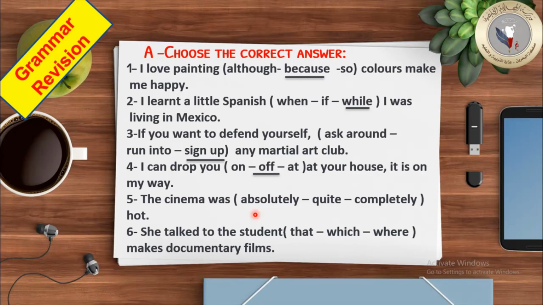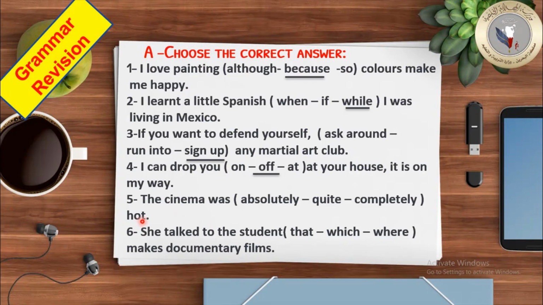So hot, which kind of adjective is it? Gradable or non-gradable? Of course, gradable. Well done. You know why? Because such type of adjectives have comparative degree and they have superlative degree. I can say hot, hotter than, and the hottest. I have degrees for this one, right?